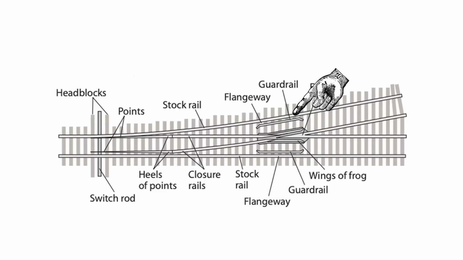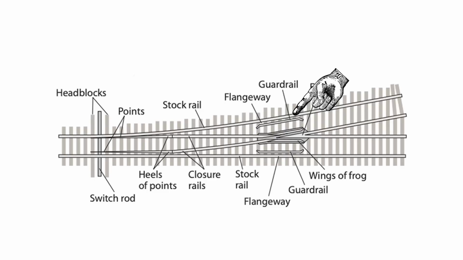Most of the modern Class A railroads anymore use a frog which has extended wings on it that stick up higher than the rails to hold the back of the wheel in place that way, eliminating the need for the guardrail. So if you're doing a modern Class A railroad, you'd probably want to use something that doesn't have a guardrail.